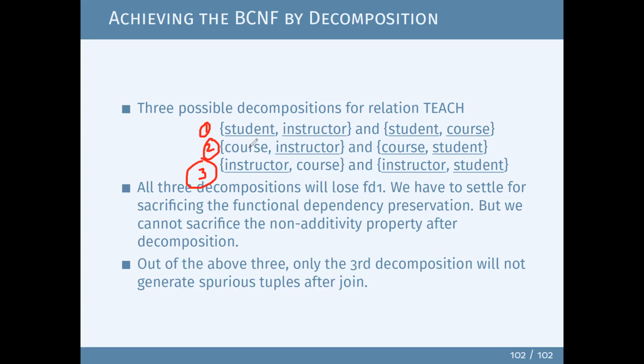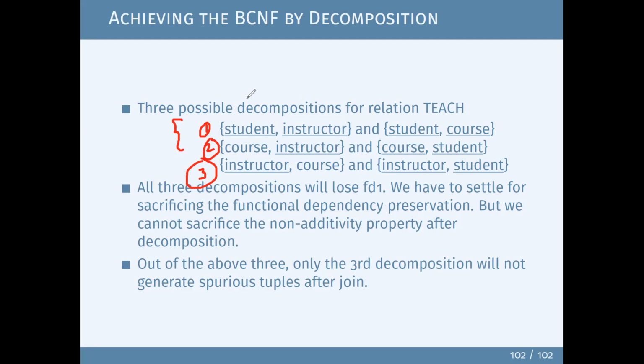Now the problem is if you try the first two, when you join, it might create some tuples which are not actually the real data. It artificially creates some data with the first two relations. Out of all three possibilities, only the third one will not generate any spurious tuples after join.